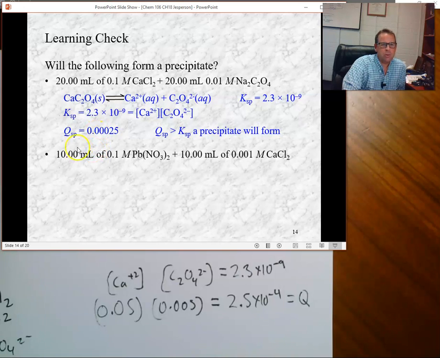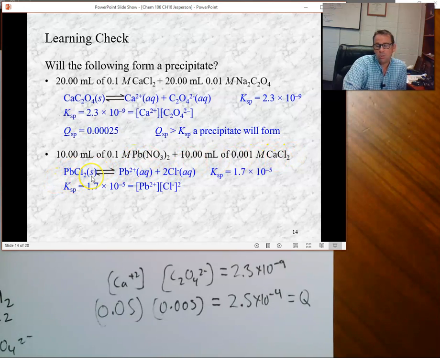Here's another example. 10 milliliters of this material, 10 milliliters of this material. We can look at these compounds, lead nitrate, calcium chloride, and think about the precipitate. Our solubility rules tell us that lead chloride will be the precipitate. And, you know, it won't be very hard for us to figure out what kind of precipitate they're looking for because they have to give us some KSP.